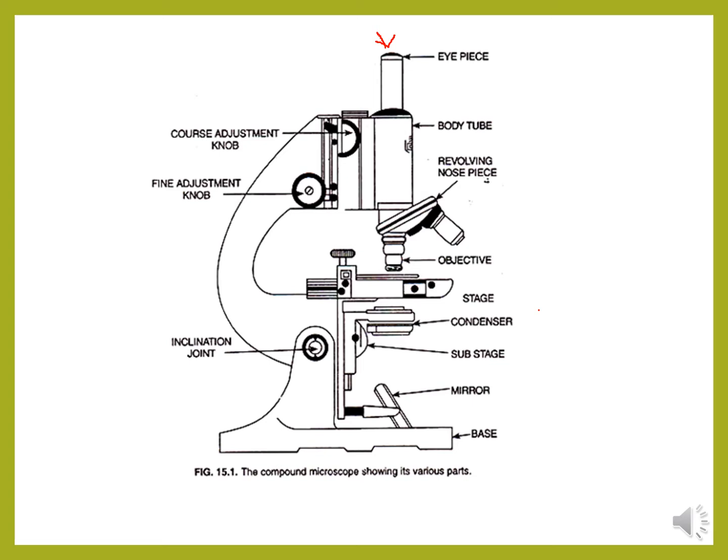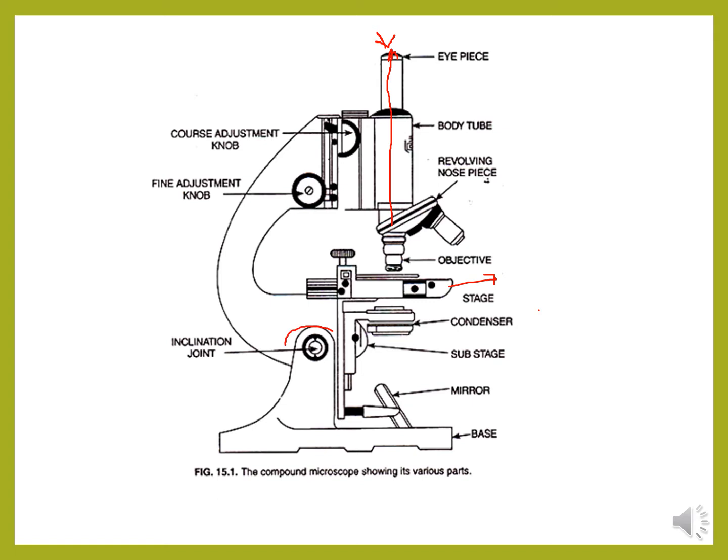The objectives have different magnifications, so you keep the objective near the specimen according to the magnification that you need. This is the stage where you keep your specimen or the slide. And here you have the mirror onto which the light passes. It passes through this condenser and focuses on the slide so that you can see the image through this place.